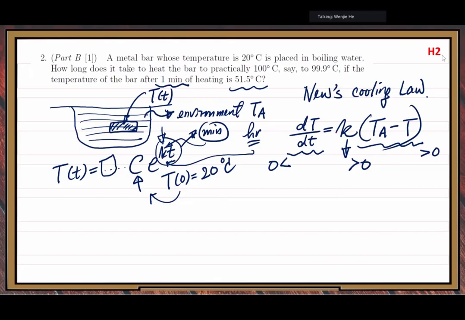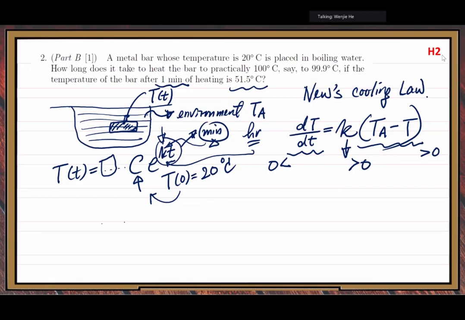After you change the unit from minute to hour, or from hour to minute, the whole exponent is the same. So you just pick the one that you feel is convenient. Here we feel the minute way is more convenient.